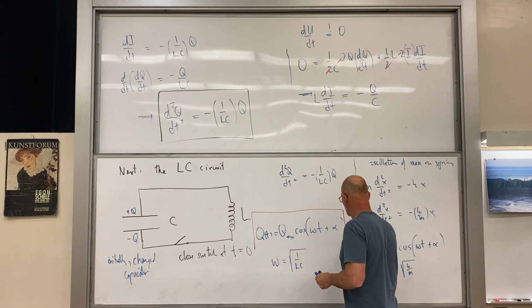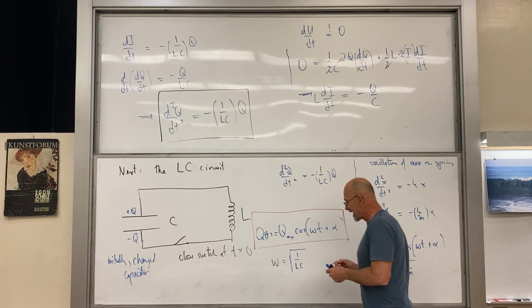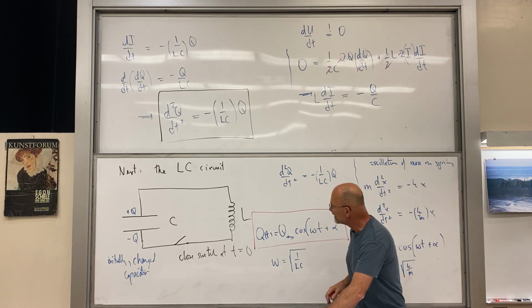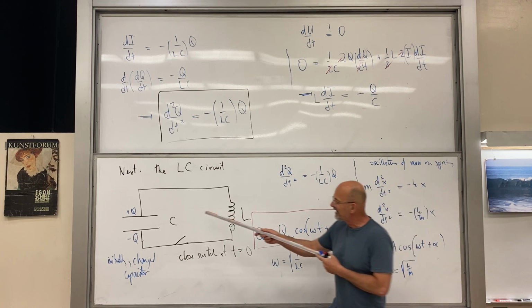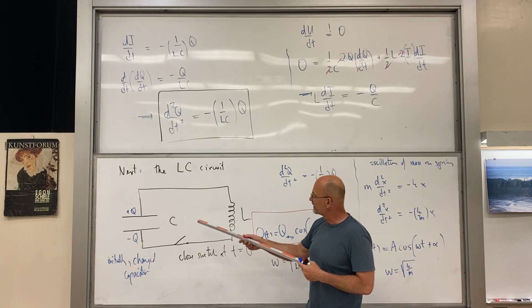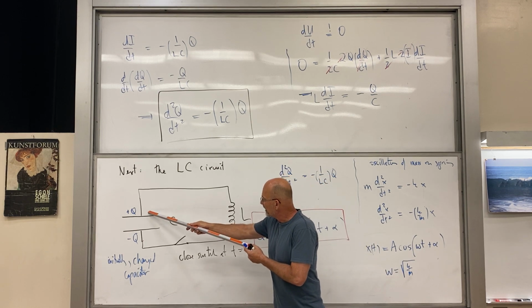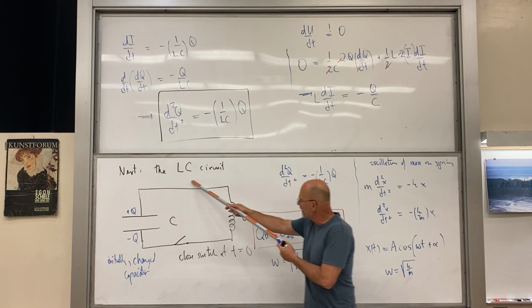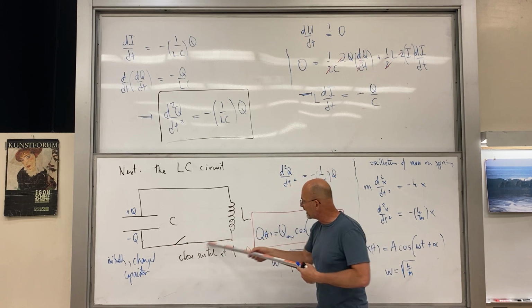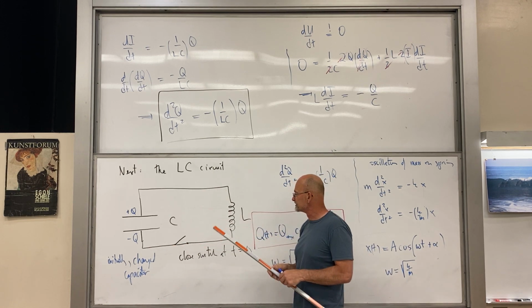Very important. So we have an oscillating charge. If we take the derivative of this, we'll get an oscillating current. And that's worth talking about too, because we get current going through here, but it's oscillating, so it's going back and forth.